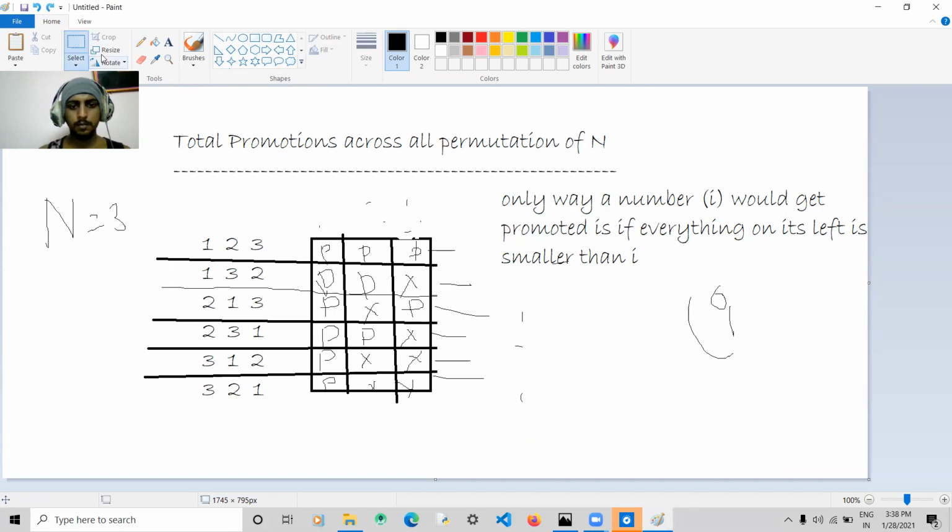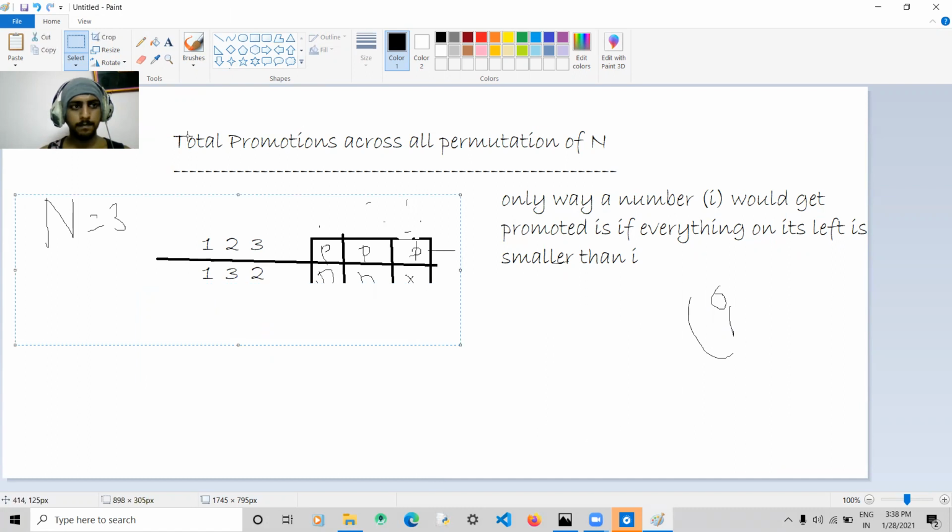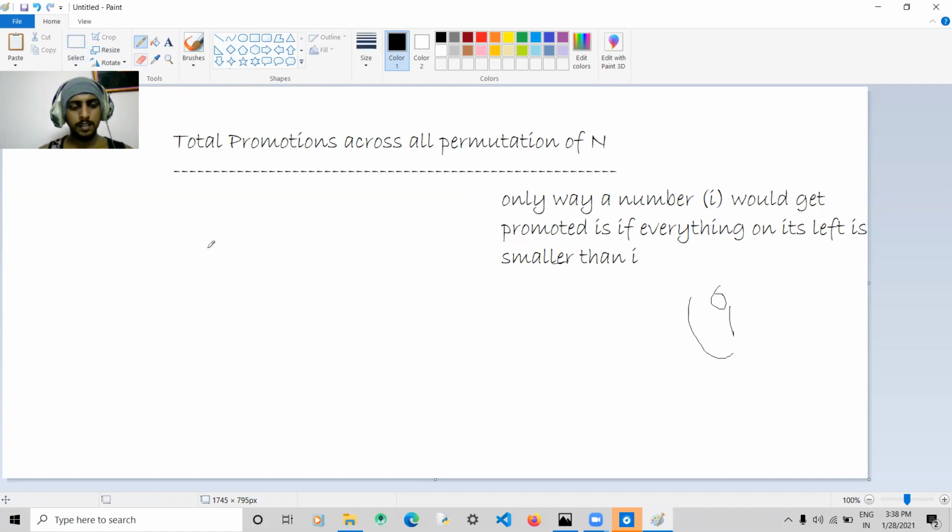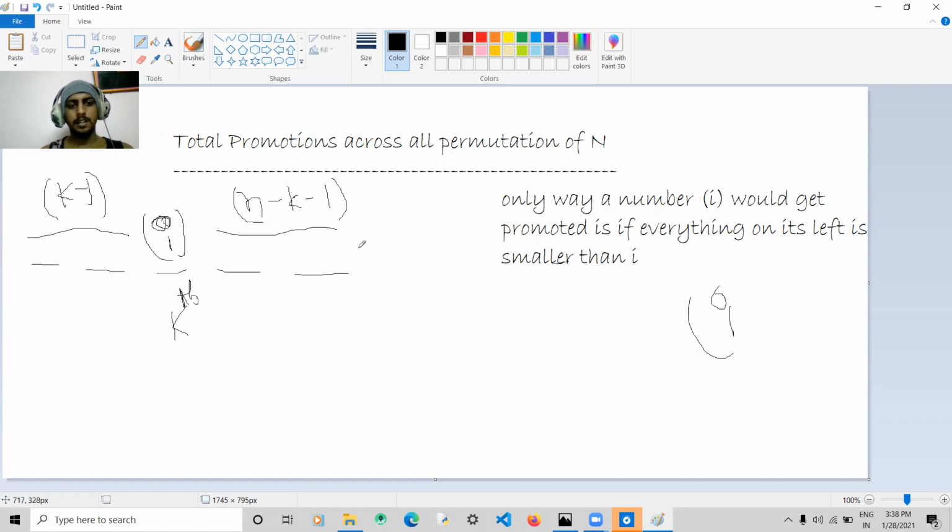I'm going to delete for more space. So let's say you have this many positions. You choose a number i at kth position, and so there are k minus 1 positions on the left and n minus k positions on the right.